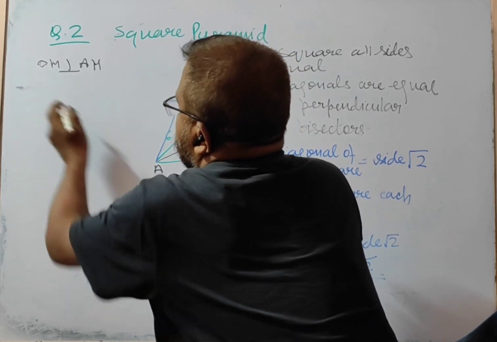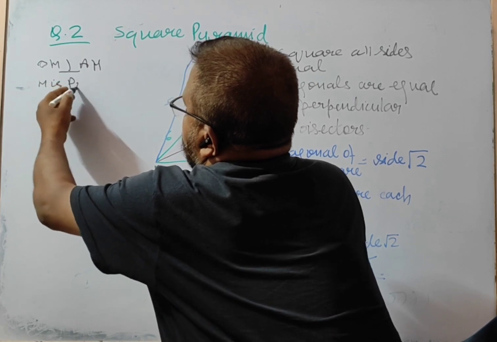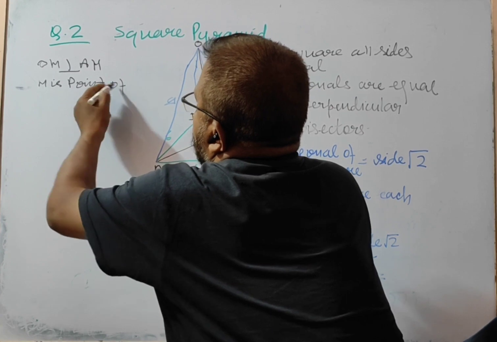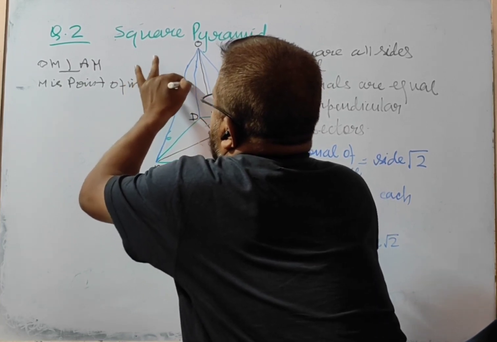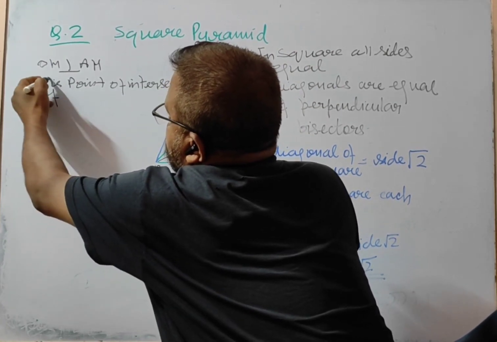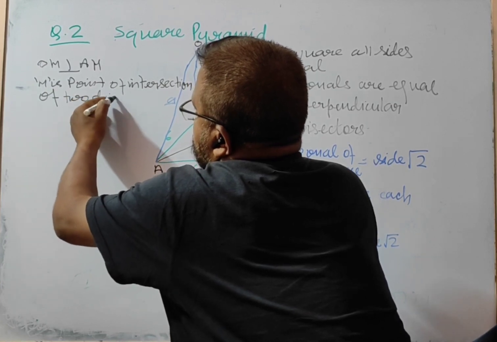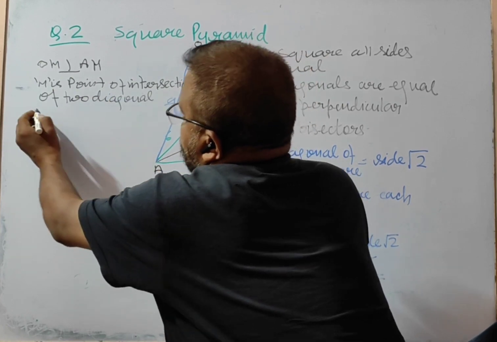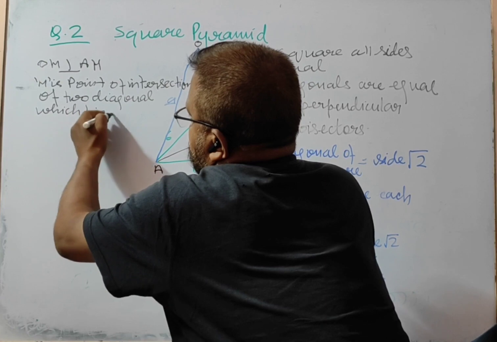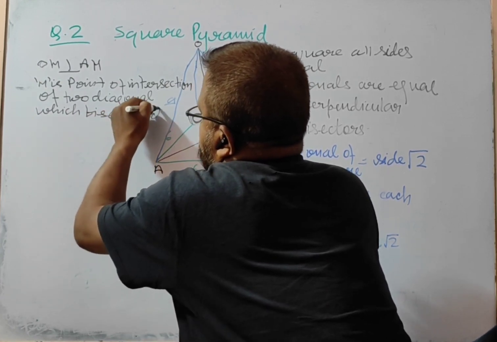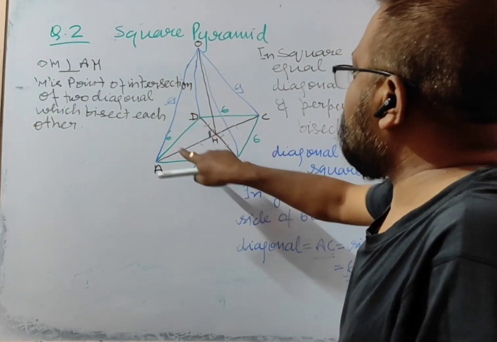And H is the point of intersection of two diagonals which bisect each other.